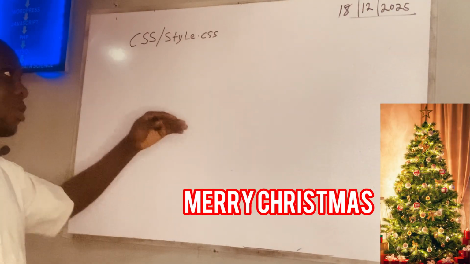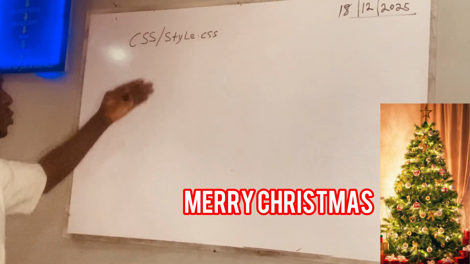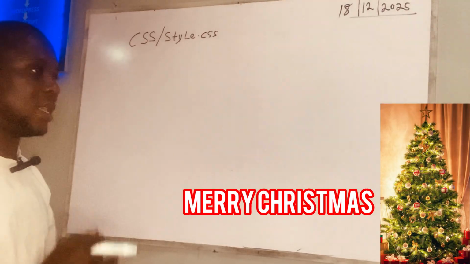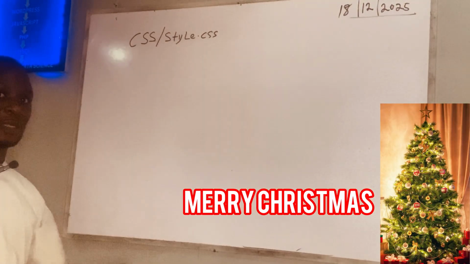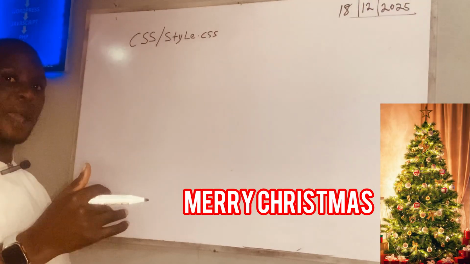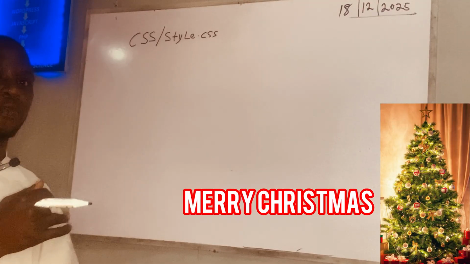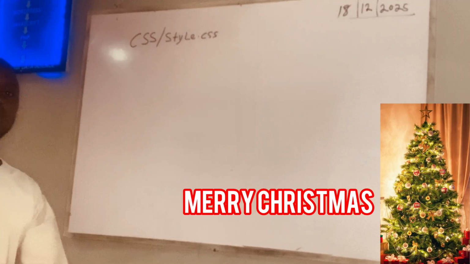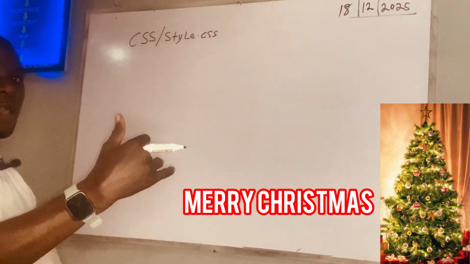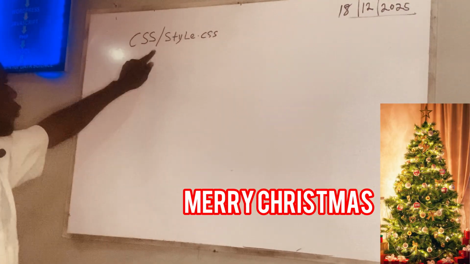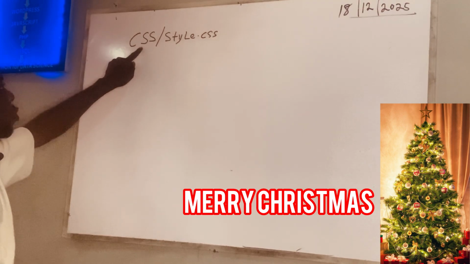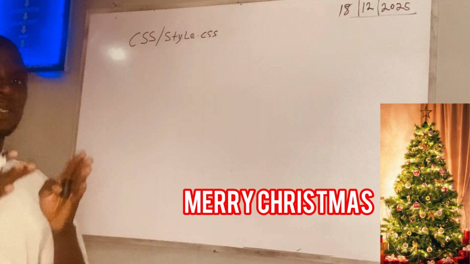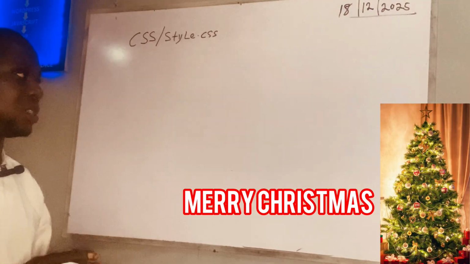So today what we are going to discuss is how to include a link in your project to connect to your external CSS, because your external CSS is expected to be in a different folder. It's not supposed to be in the same page with your other files, because you want to push it to another file. So if you want it to be inside this folder, I'm going to give you a link on how to connect to that external CSS.